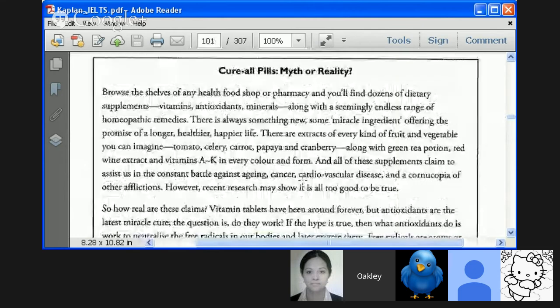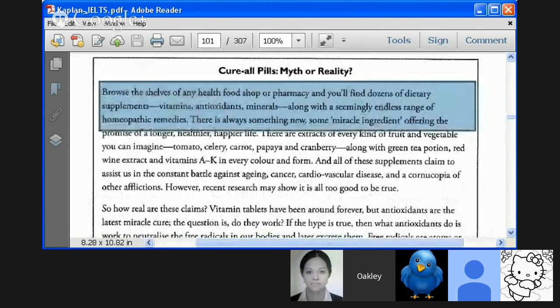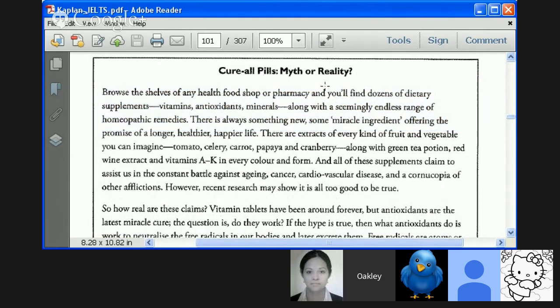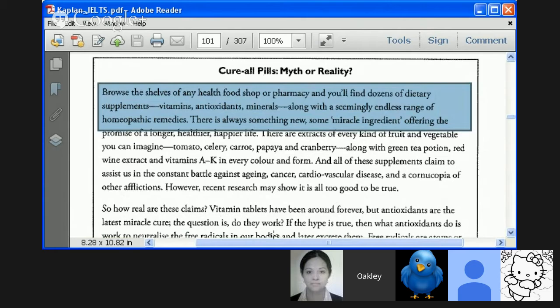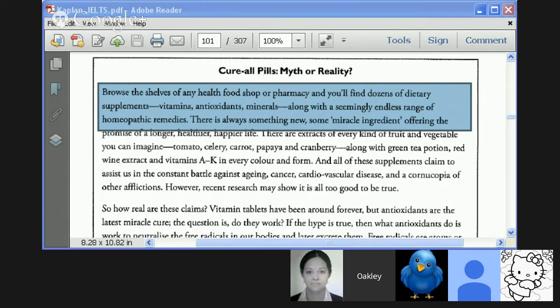All right, Rocio? Does it say anything about them being different? Yes, it does. Where? You'll find dozens of dietary supplements in a pharmacy. Is that saying anything about them being different?